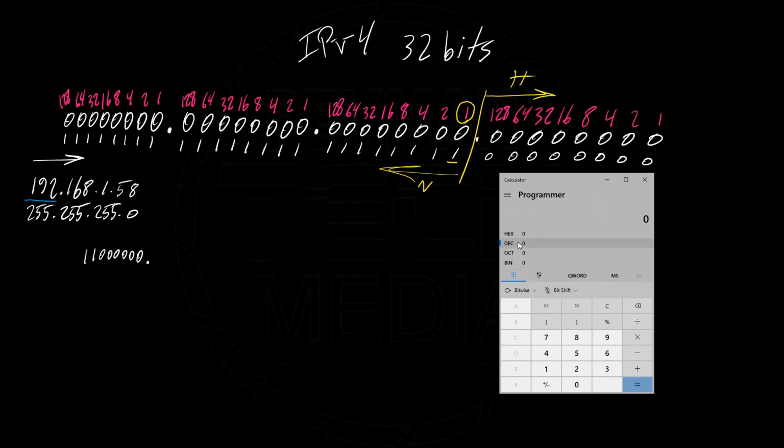Writing down 168, we can see the binary is 1010 1000. So for 168: 1, 0, 1, 0, 1000. And then on the third octet, 1, only the last bit is turned on. So we have 7 zeros and only 1.